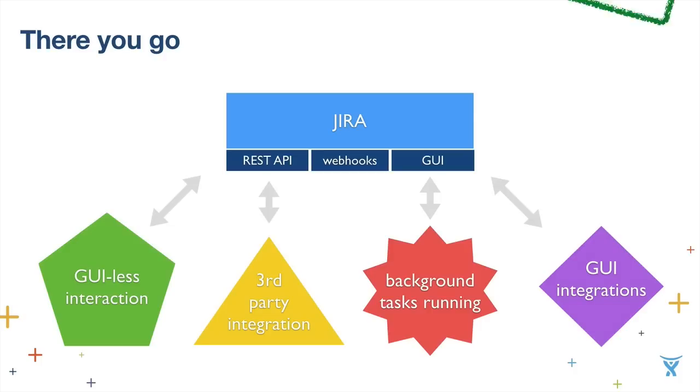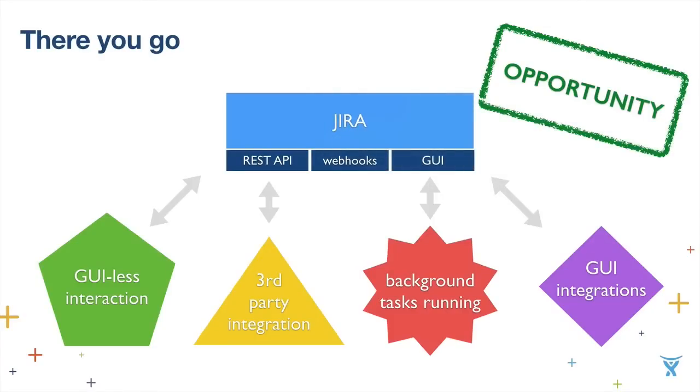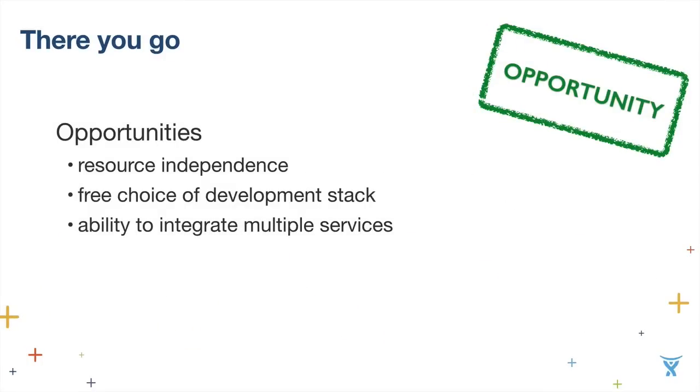So we came up with UI integration. We combined all these pieces together. And this technology, which we ended up with, not only removes the obstacles and risks, but also creates fantastic opportunities, such as add-ons that can now run completely independently from the JIRA server.